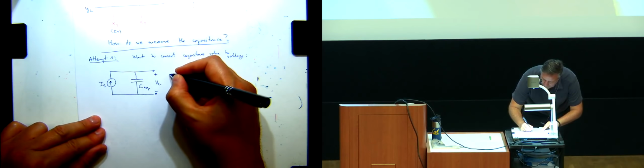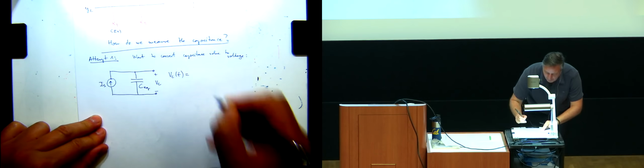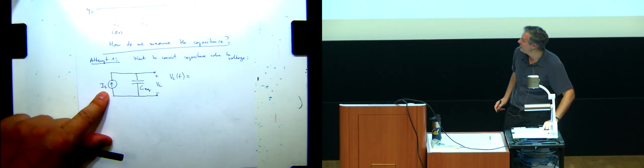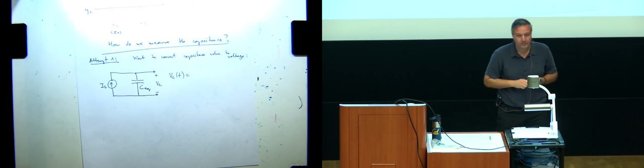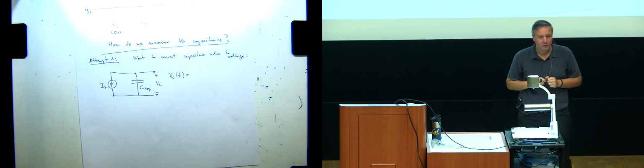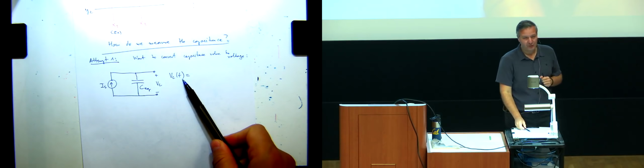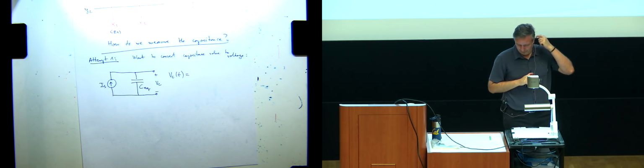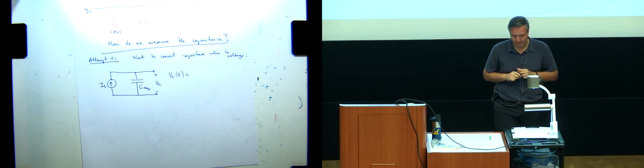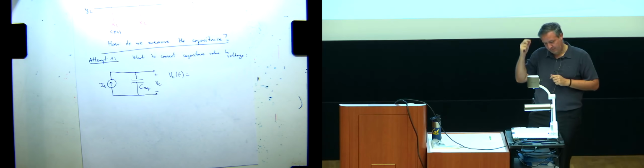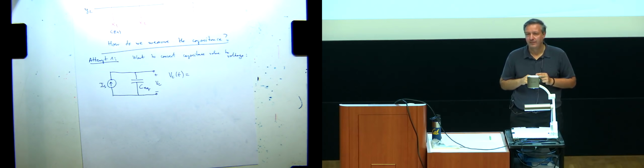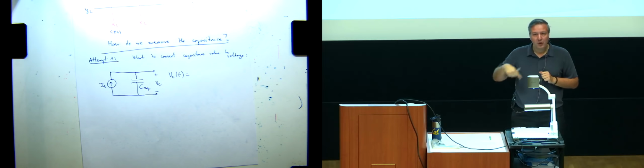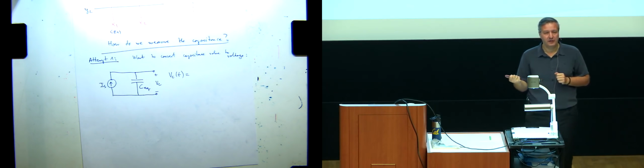So can anyone tell me what's the equation for that voltage? This is a constant current source. We derived this last lecture. I put time here, so this should be a hint. Constantly charging this capacitor with a constant current.